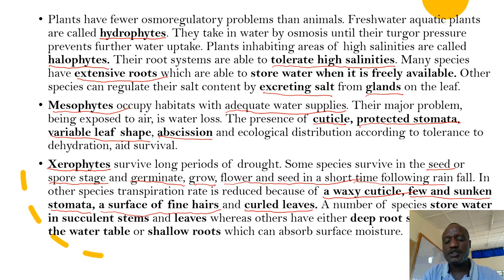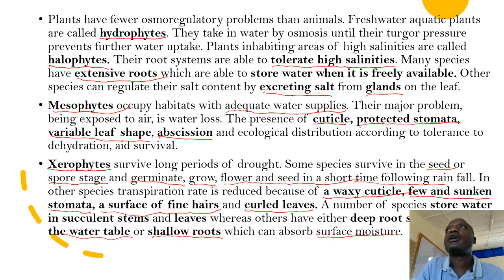A number of species store water in succulent stems and leaves, whereas others have either a deep root system, which extends and reaches the water table, or shallow roots, which can absorb surface moisture. So pay much attention to this.